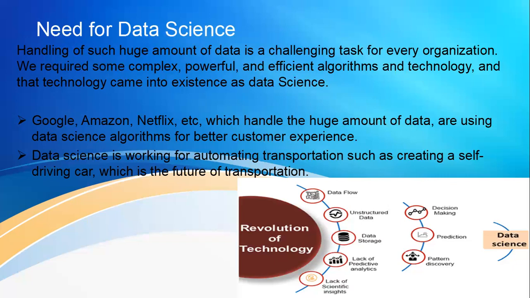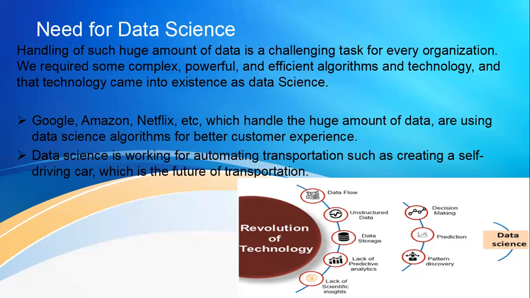But just imagine, from the last 20 years, how much data is getting created, right? We have Facebook, we have Netflix, we have YouTube, we have Instagram. We have so many websites, so many e-commerce systems, so many databases, so many cloud systems, and Gmail.